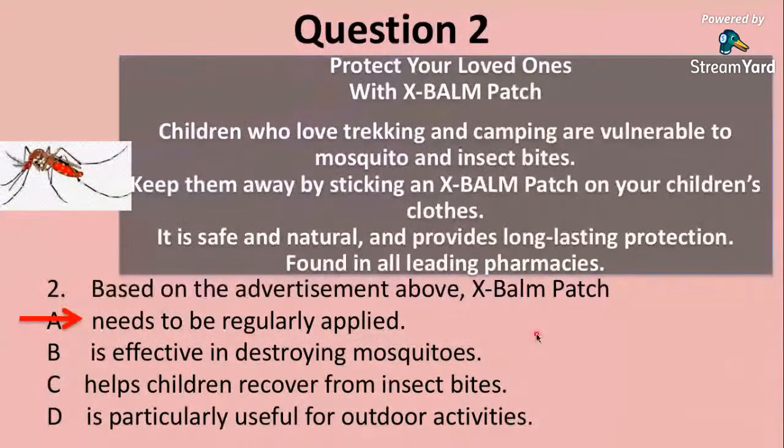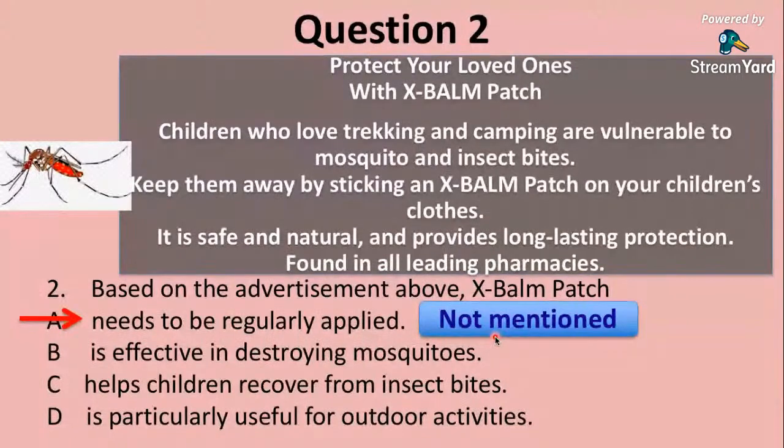So, X-balm patch needs to be regularly applied. Regularly applied is not mentioned at all. In the whole advertisement, there is nothing about being regularly applied. So A is definitely not the answer. If you notice one thing about MCQ, the question actually says pick the best answer. They don't say pick the correct answer. There are some cases when a particular question has no correct answer, so you end up picking the best among the 4 options, not necessarily the correct one.